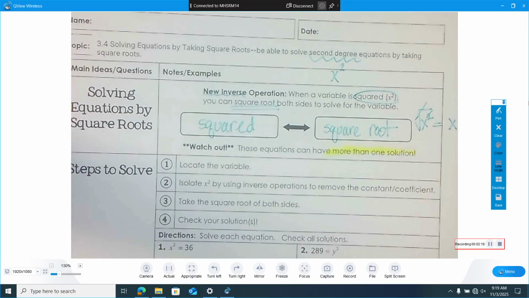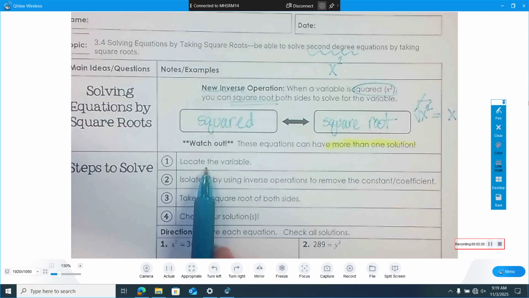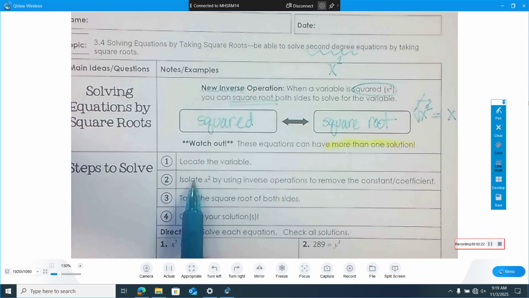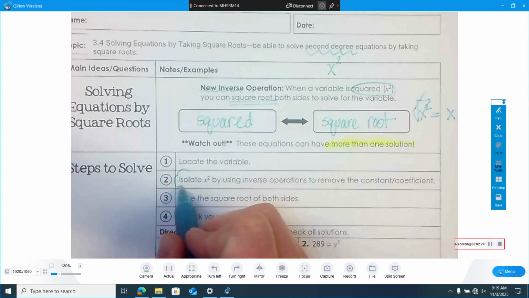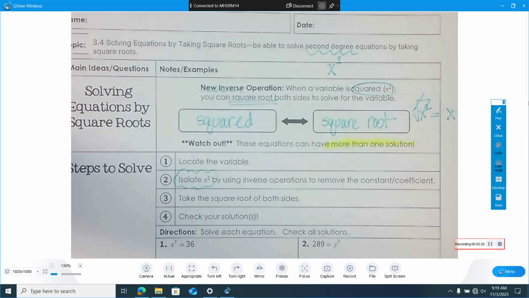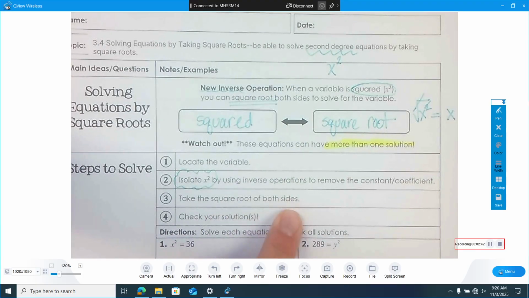Just like we've been doing, we are going to figure out where the variable is. We're going to isolate the variable. In this case, we're going to isolate the x squared by using inverse operations. Just like we have been doing, we're going to do adding or subtracting, and then some dividing or multiplying. And then we're going to take a square root of both sides.